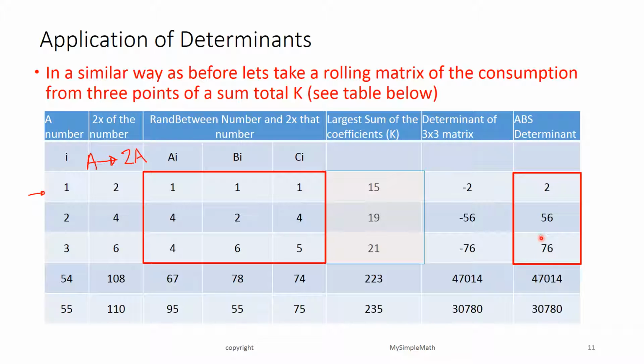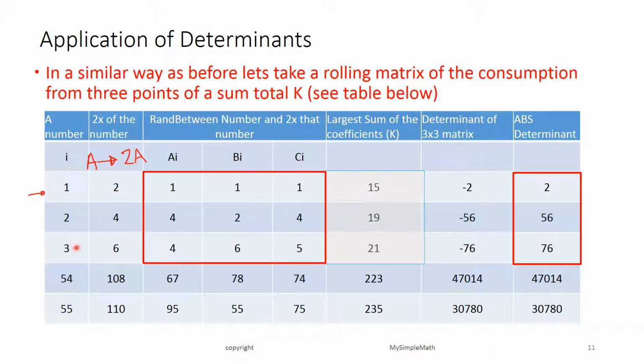I plotted these absolute determinants against the number of days. And I also plotted the largest sum of the coefficients, that is this total amount, this random total amount, against the number of days.